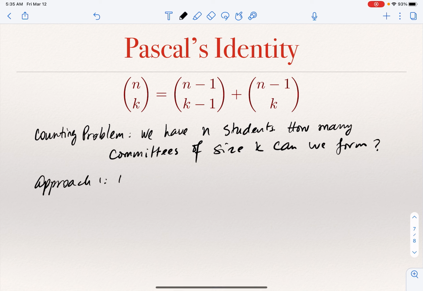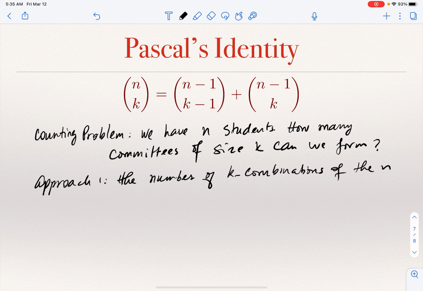It's the number of k-combinations of the n students. Just take any subset of k students from those n students, then you will get a committee, and we know that this number is n choose k. So approach 1 gave me the left-hand side.